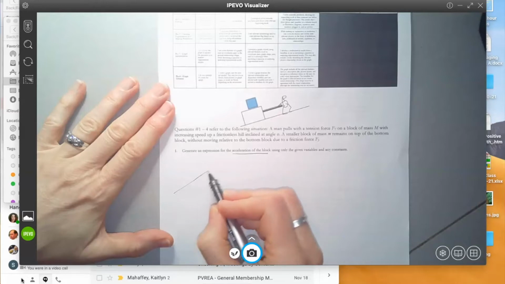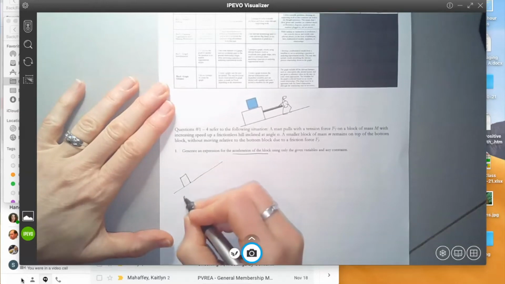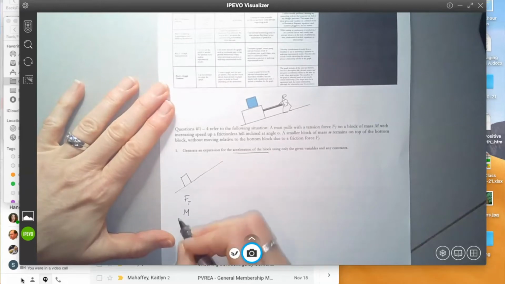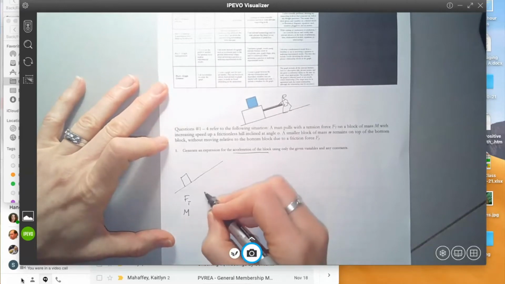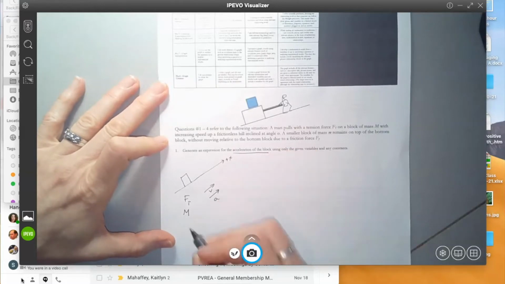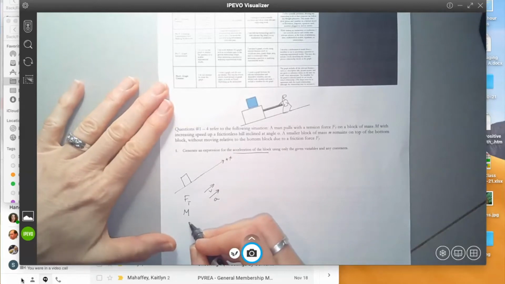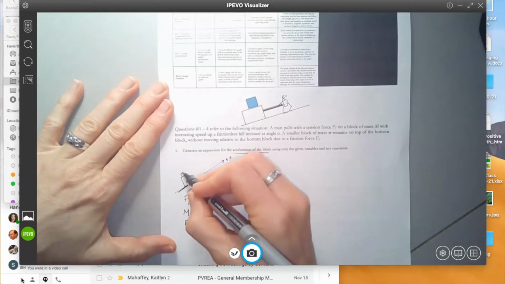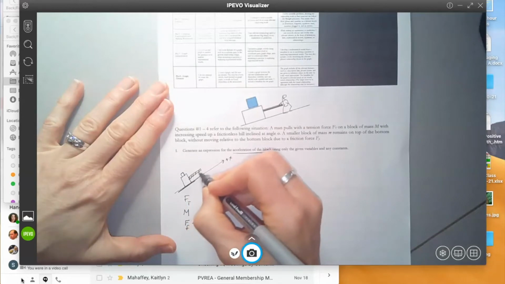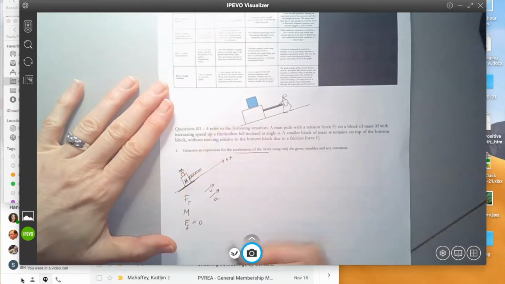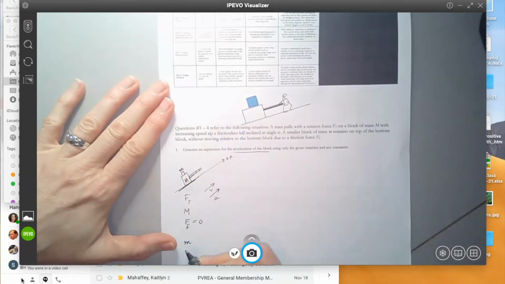So it says the man pulls with a tension force that's given, a block of mass, capital M, and it's increasing speed, so it's V up and A up. And the hill itself is frictionless. So this surface is frictionless. Now, there is also another block on top, and that has mass little m. This is big M. And for little m, there is a friction force.